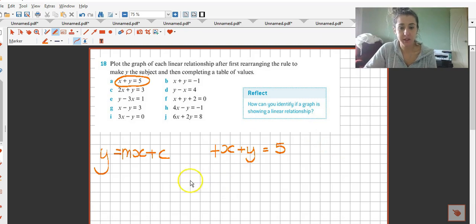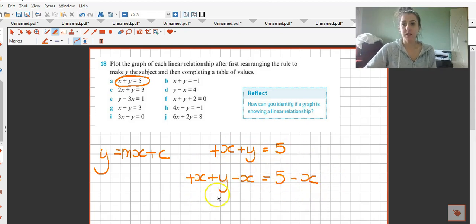So essentially we're going plus x plus y, take x, because that's the opposite, to get rid of it from this side. And then we need to subtract x also from this side, because remember, what you do to one side you need to do to the other.